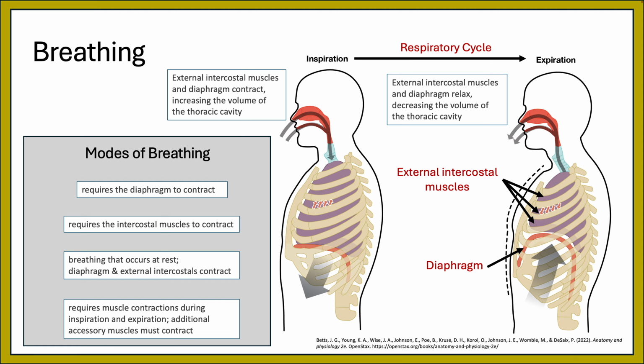Now you have different modes of breathing that are going to affect how deep the breath actually is. So first of all, you have quiet breathing or eupnea. This is the normal breathing that occurs at rest, where the diaphragm and the intercostals contract.